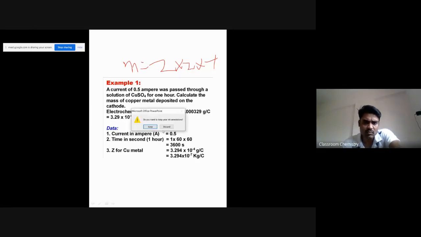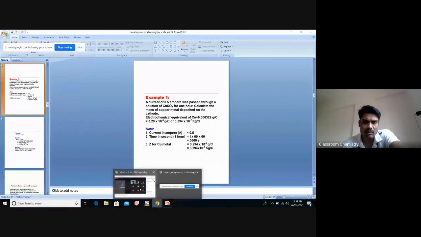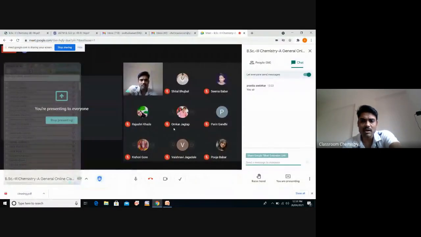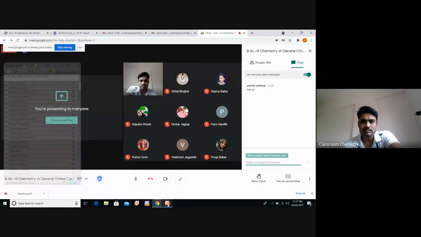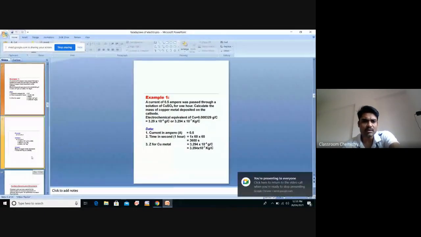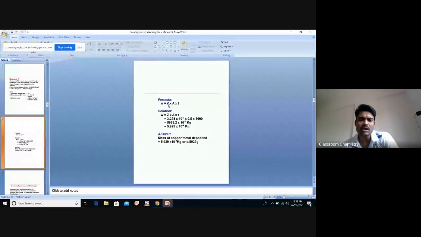Then you can try to solve this example and find the final answer. You can solve this example at home. It is very simple. This is the formula. W is equal to weight, or M, you can take W or M. M is equal to Z into I into T. I is nothing but current in ampere, T is the time in seconds, Z is the electrochemical equivalent.